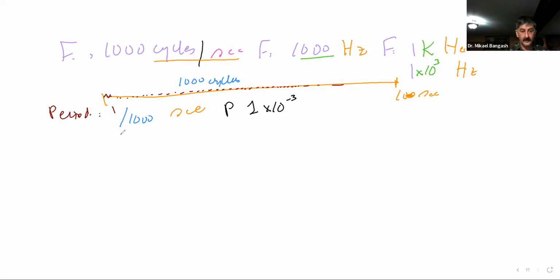You can even write it as a decimal, 0.001 second. Or you can say 1 is still 1, this 10 raised to the power minus 3 is a milli, and second is a second.